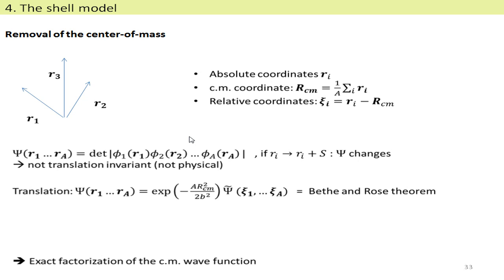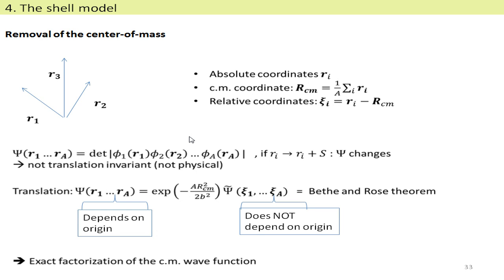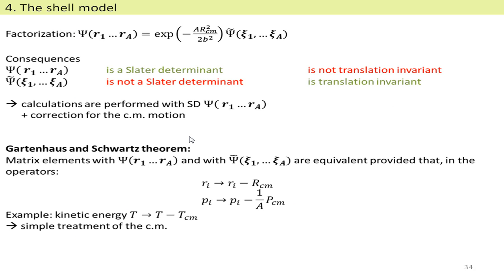This part is the same here and on the other side of the room. This is called the Talmi-Moshinsky theorem, and this is important in practice, because this wave function depends on the origin, and this one does not. But there is a simple transformation between them.